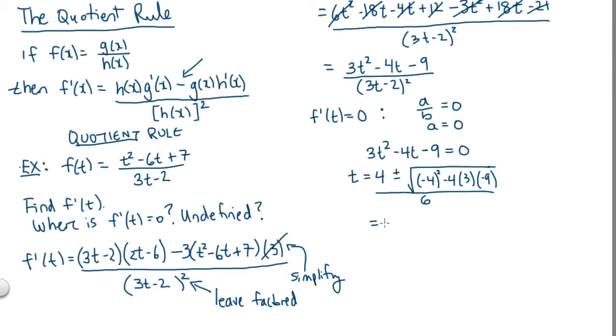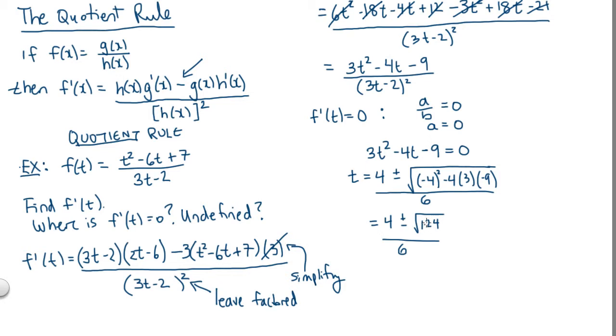All right, so we're looking at 4 plus or minus the square root. And we could grab a calculator at this point if we wanted to check what we've got under here. You can check yourself that it works out to 124 under that square root, and that's all divided by 6. Now, in order to get this simplified, we really want to see if square root 124 can be simplified at all.